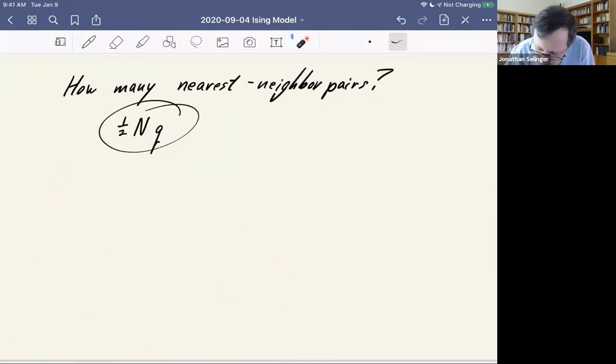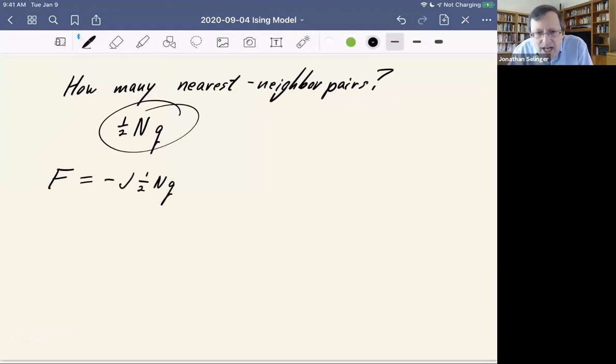So the free energy is -J times 1/2 NQ pairs, and each of those gives a contribution of m squared.